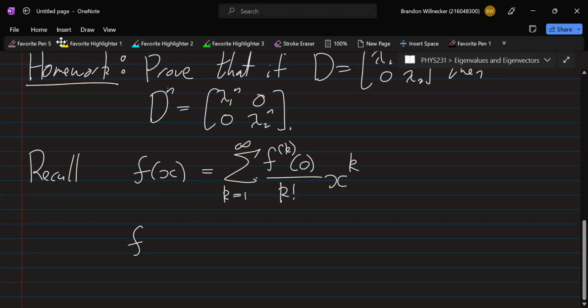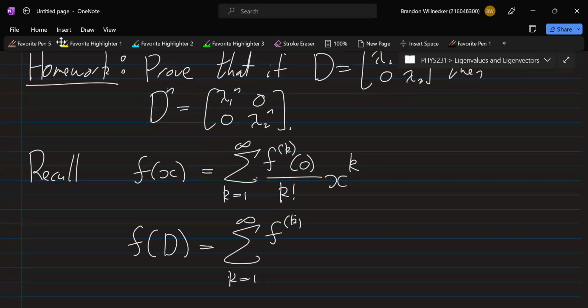So all we do is substitute D, and that gives us the sum from k equals 1 to infinity of f to the k at 0 over k factorial, D to the k, and we can calculate that. So this gives us meaning to taking a function of a matrix. We want to do the left-hand side, taking just the function of a matrix, but instead we're going to do this right-hand side by substituting into the Taylor series, again, provided it exists. And that gives us meaning to taking the function of a matrix.